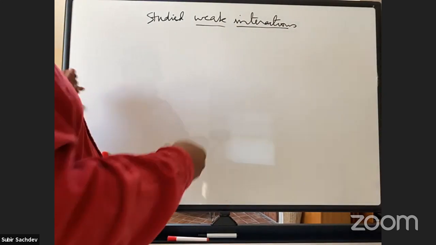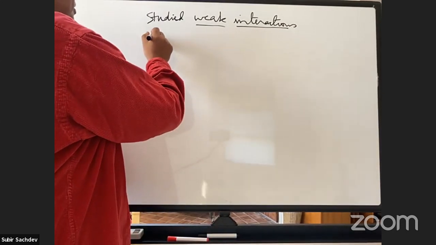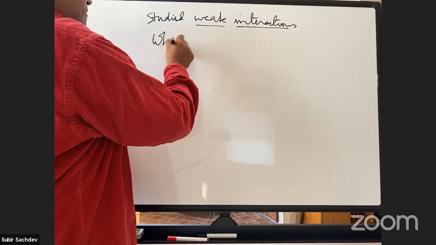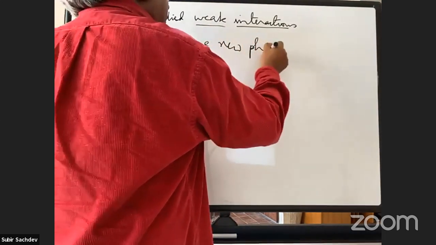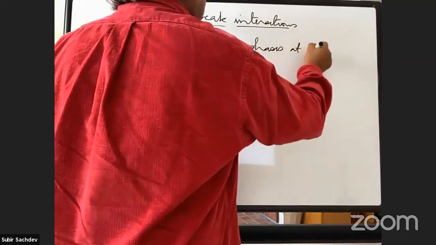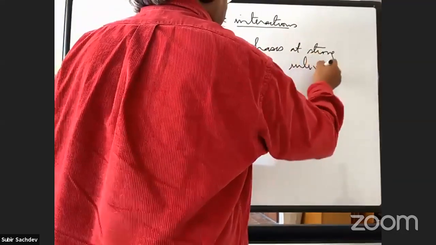So the question that we're going to answer in basically the rest of the course is: what are the new phases at strong interaction? Is there something really different?